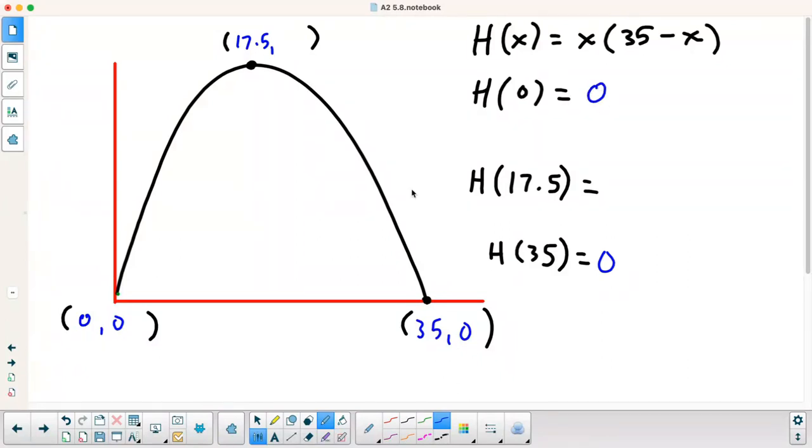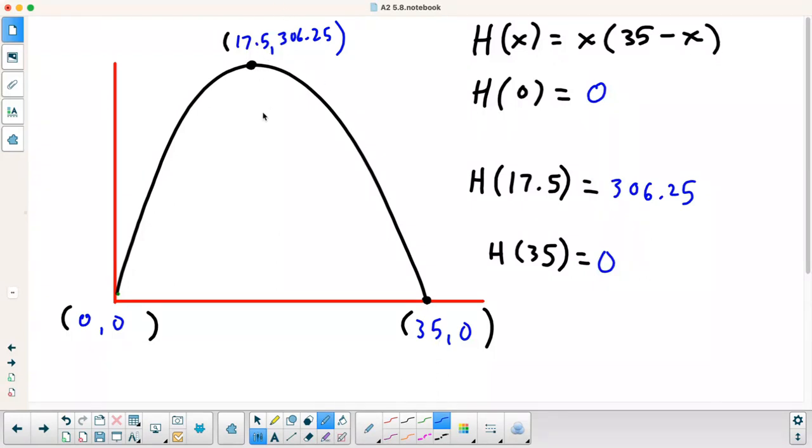This would be 0, which I put right there. 17.5, I don't know, I got to plug it in. 17.5 times 35 minus 17.5, which would give me 306.25. All right, so there we go.